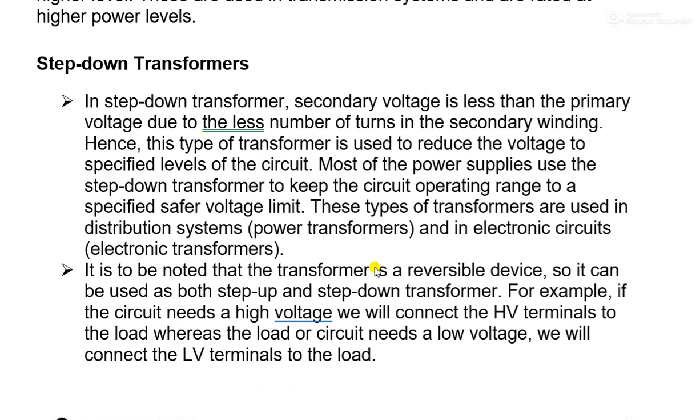Most power supplies use a step down transformer to keep the circuit operating within a specified safer voltage limit. This type is used in distribution systems, power transformers and electronic circuits. We also use a step down transformer when studying the rectifier circuit in a DC power supply system.